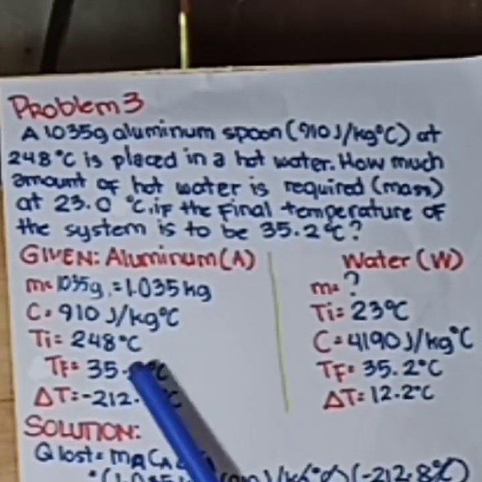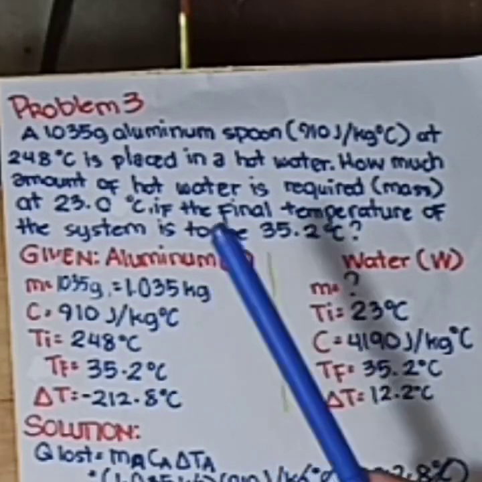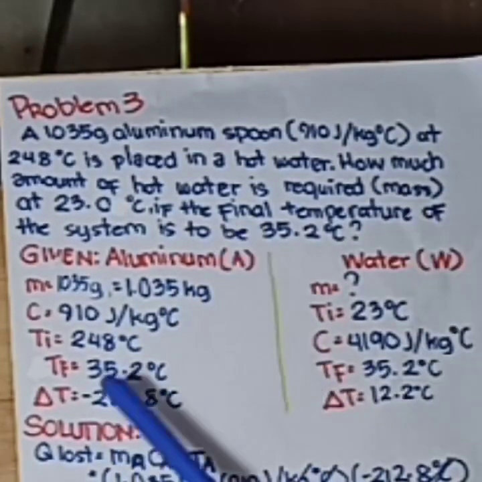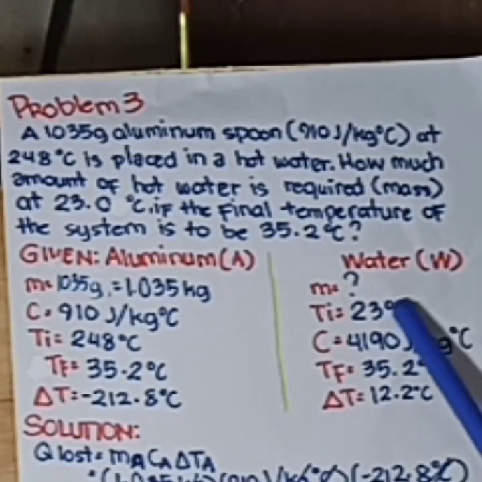So 35.2 degrees Celsius minus 248 degrees Celsius is equal to negative 212.8 degrees Celsius.